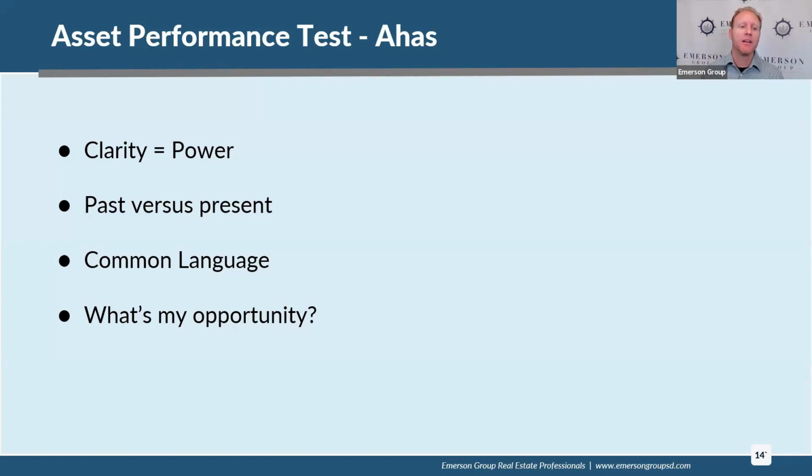Because we were able to create meaningful information and financial metrics so that we can understand what we have and we can understand what the opportunity is. Until you have clarity, action cannot be taken, decisions cannot be made, understanding cannot be met. So we need to first recognize we need clarity in order to have power to make informed decisions.